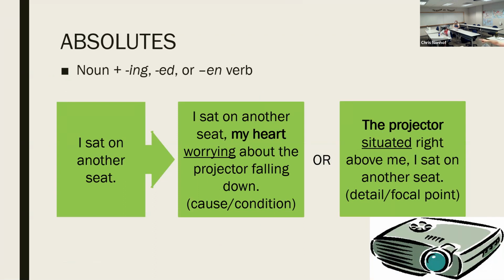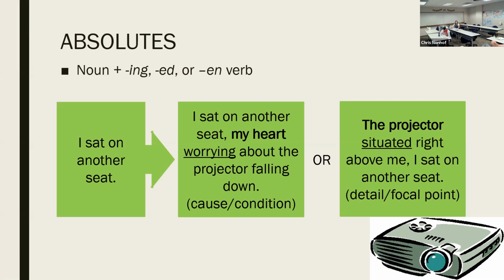I sat on another seat is still, even in the last example, a simple sentence, but the projector situated right above me just adds a little something. And there's more nuance to this one, because it would be really easy to say I sat on another seat because the projector was situated right above me, right? So using a dependent clause and a complex sentence is fine. It does the same thing, but in a different way.